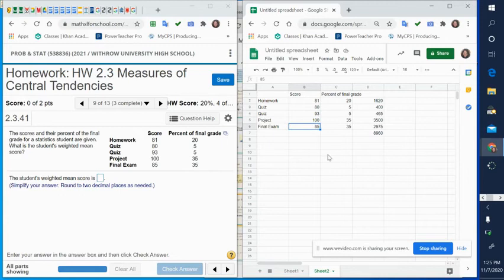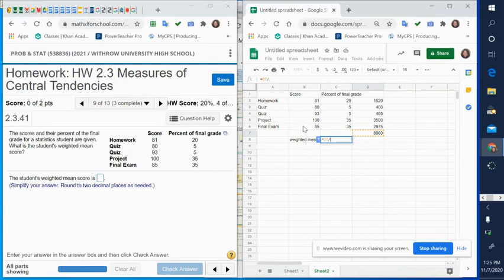There were 5 grades. So to figure out the weighted mean, I'm going to put in here the total, equals this total divided by how many grades we had.